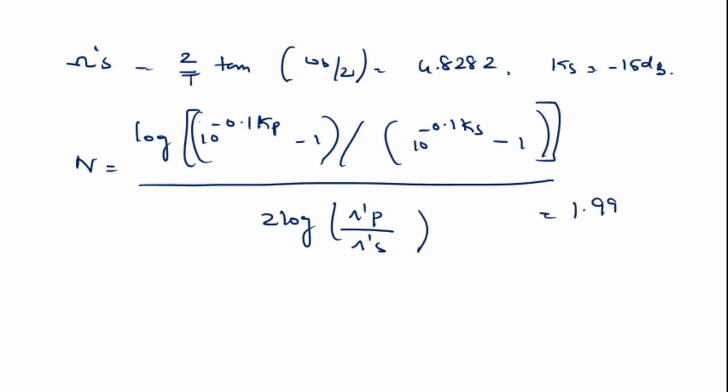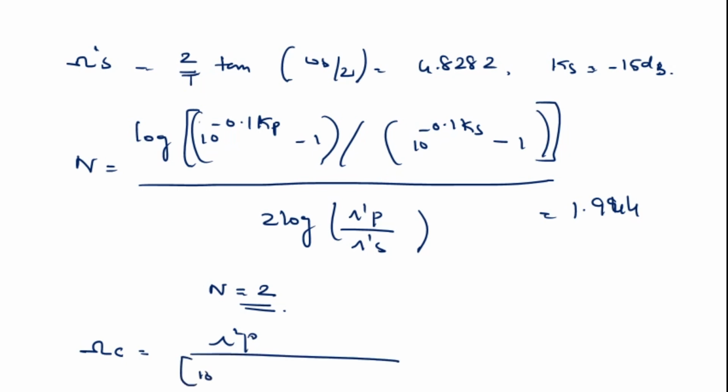We take the next integer value, that is N is equal to 2. Then we find the cutoff frequency with the passband specifications. Ohm C is equal to ohm dash P divided by (10 to the power minus 0.1 Kp minus 1) to the power 1 by 2N, which is equal to 2 radians per second.